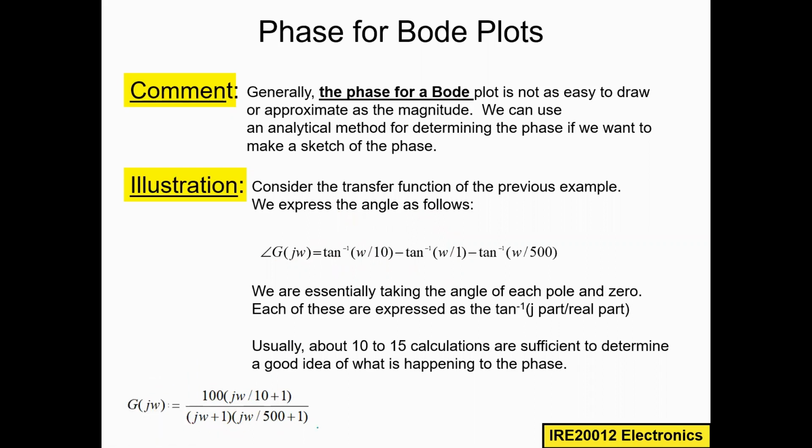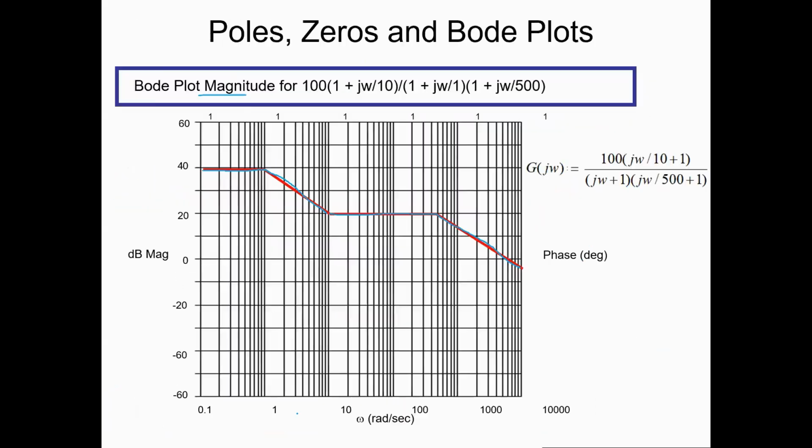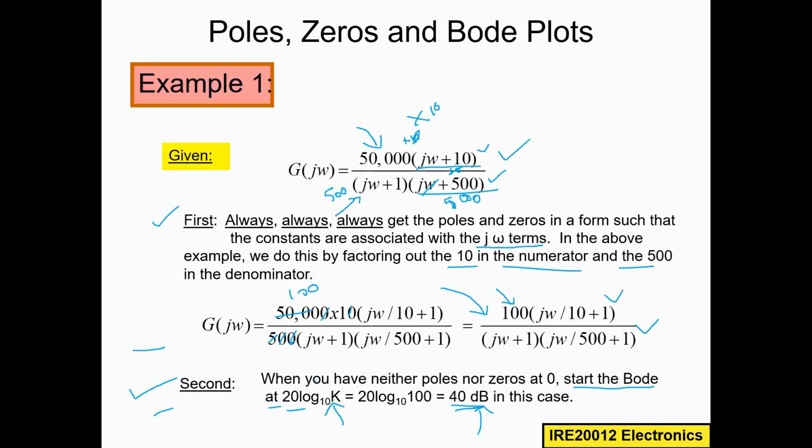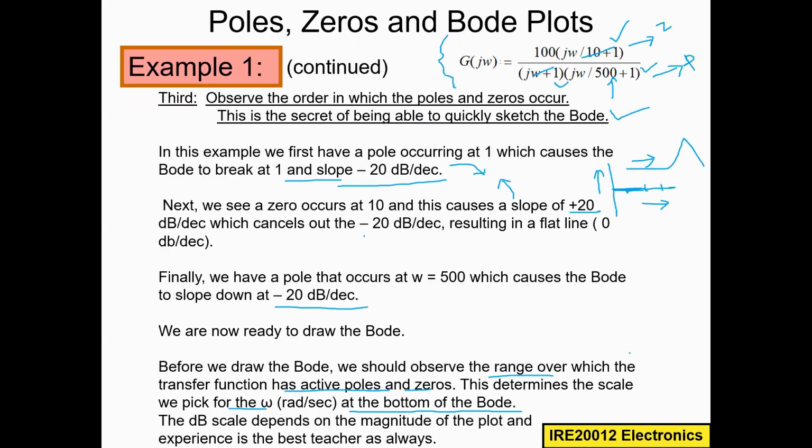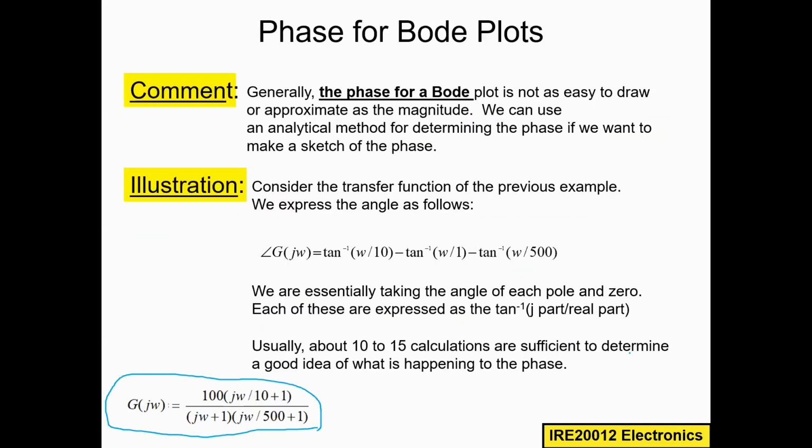This is the transfer function we have simplified. I will show you again. This is the original problem, and we simplified it like this. I'm taking the same problem now to plot the phase angle.